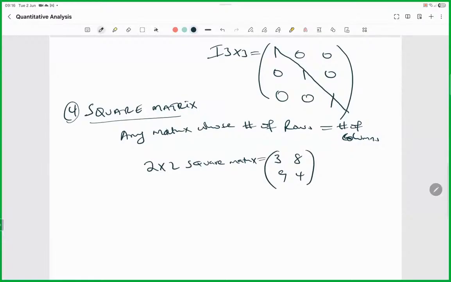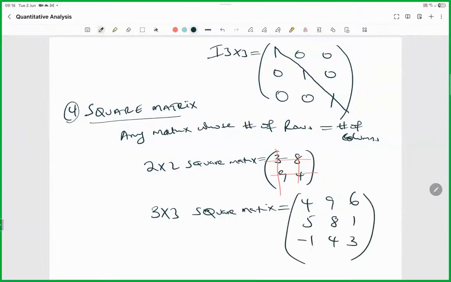You can see we have 2 rows and 2 columns. We could also have a 3 by 3 square matrix, like 4, 9, 6, 5, 8, 1, negative 1, 4, 3. Here we have 3 rows and 3 columns. So any matrix whose number of rows equals number of columns is called a square matrix.